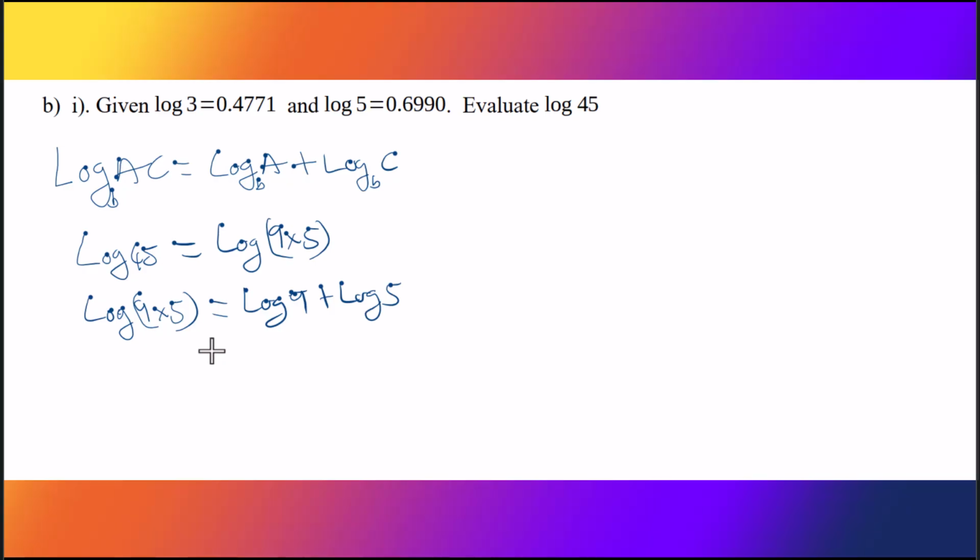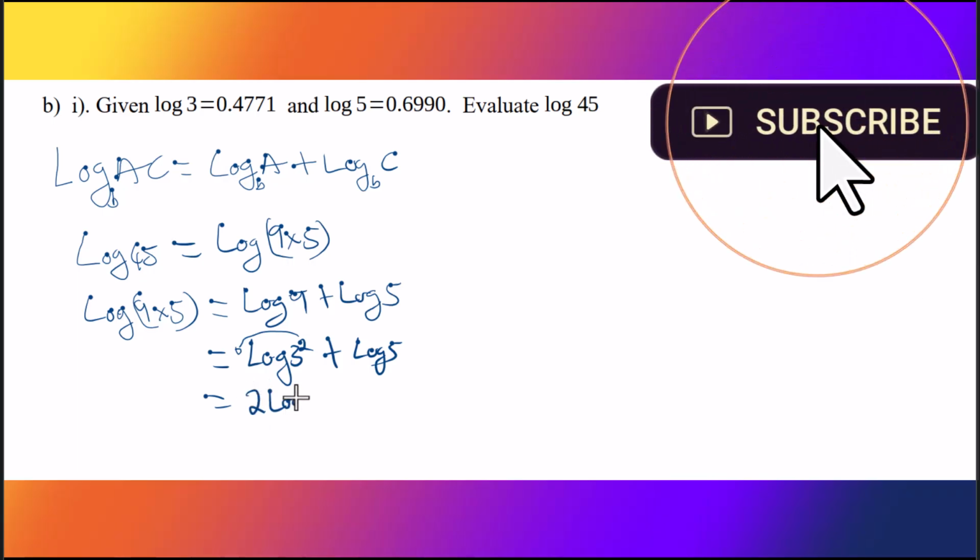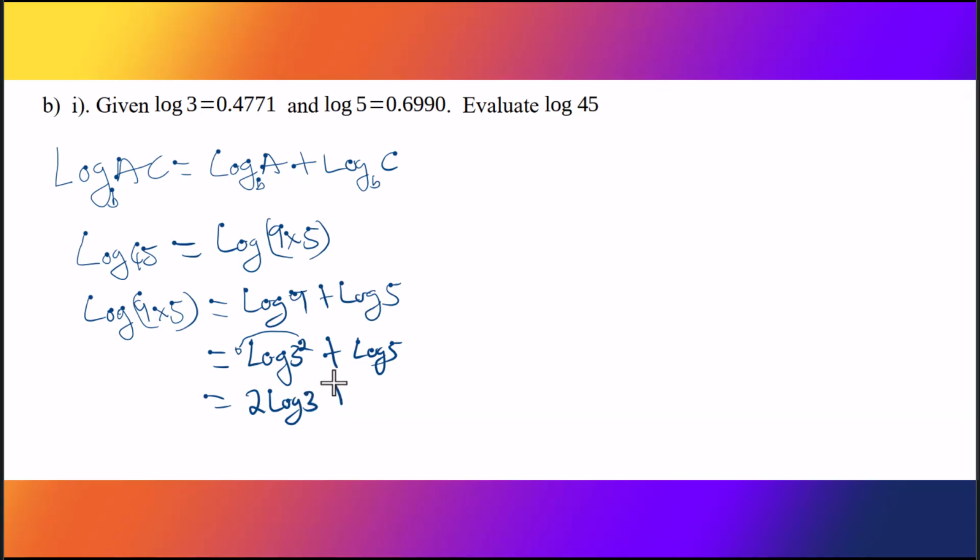After getting that, we apply the law of logarithms, especially of the exponent in logarithms, where 9 is 3 to the power 2, plus log 5. So here we take the exponent to the other side, which means 2 log 3 plus log 5.